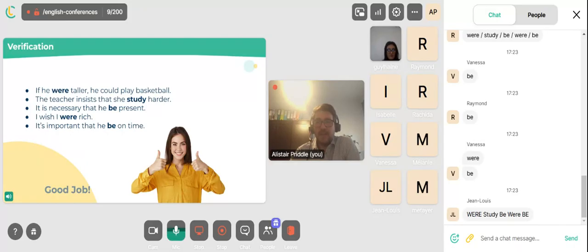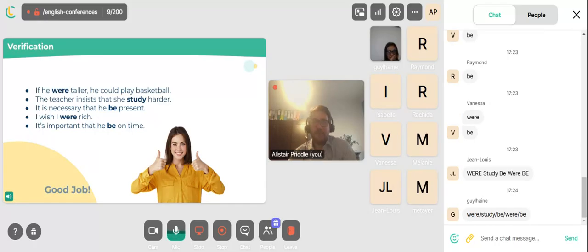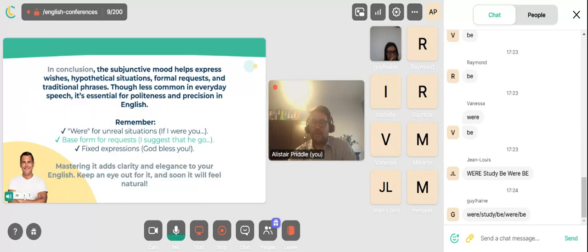It is necessary that he be present. I wish I were rich. It is important that he be on time. So very good. Good job, everybody. You're all showing a good understanding of this subjunctive. If we look at your answers in the chat. So well done, everybody.